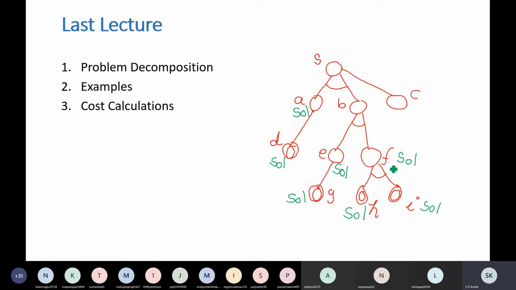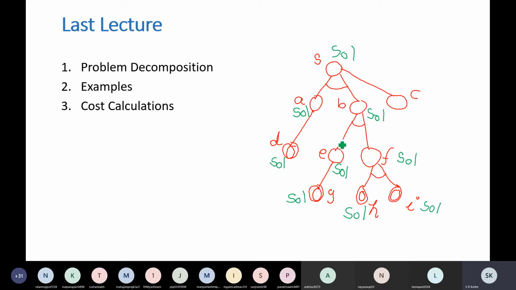Now E is solved, F is solved, so therefore B will become solved. Now since B is solved, A is also solved, and this is AND, so S, the parent node, will become solved. Okay. If S becomes solved, the starting node becomes solved, so therefore the algorithm will terminate.